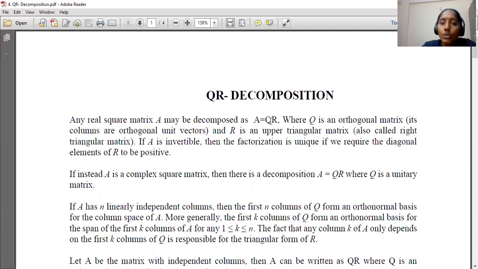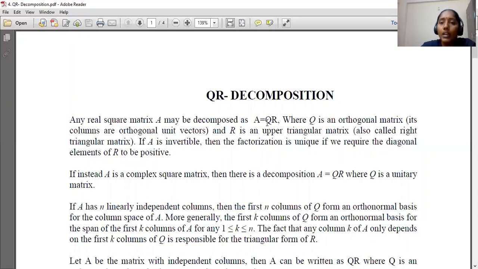For finding orthonormal eigenvectors, first we need to find the eigenvalues and corresponding eigenvectors. After that, check whether each pair of distinct eigenvectors is orthogonal or not. If those are orthogonal, then convert them into orthonormal vectors. That is the procedure that we already discussed in the previous class and in the previous videos.